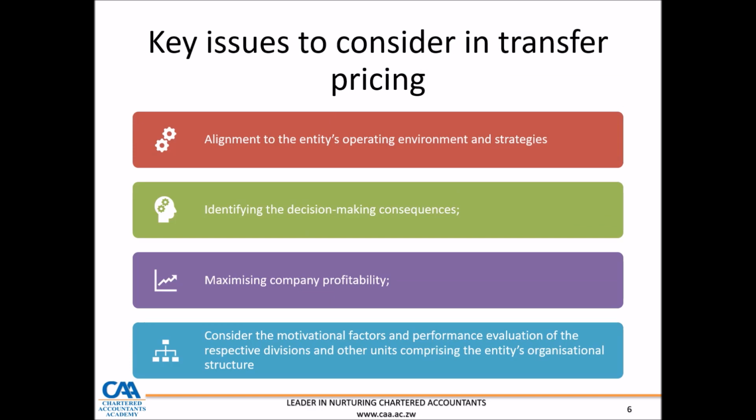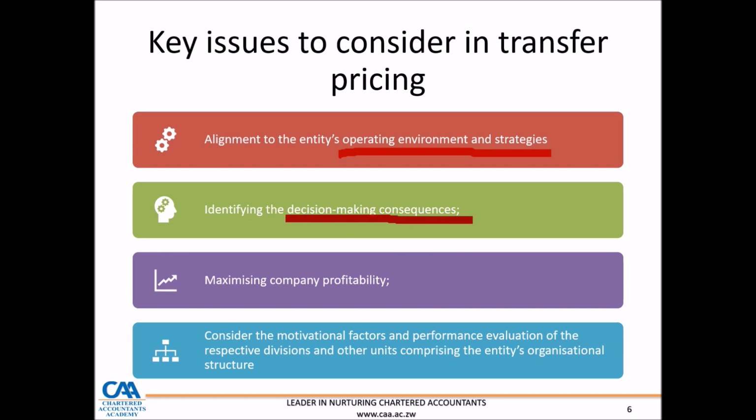So what are some of the key issues to consider in coming up with the transfer price? The first one is alignment to the entity's operating environment and strategies. The price that needs to be charged needs to be aligned to the overall entity's environment as well as strategic objectives. And once we have charged the transfer price, we need to be cognizant of the decision-making consequences of that transfer price.